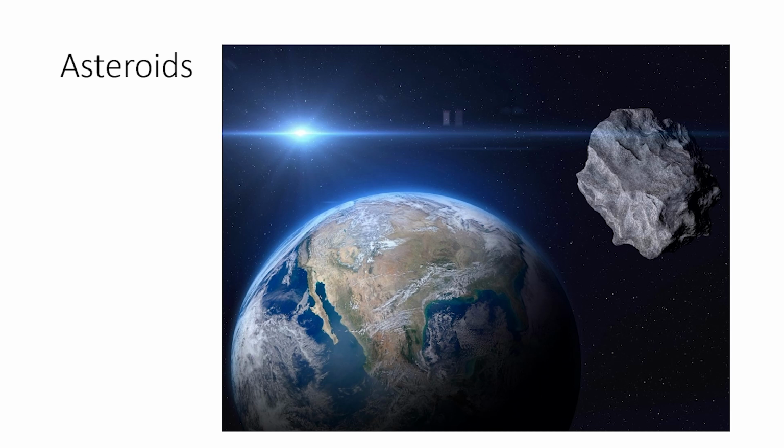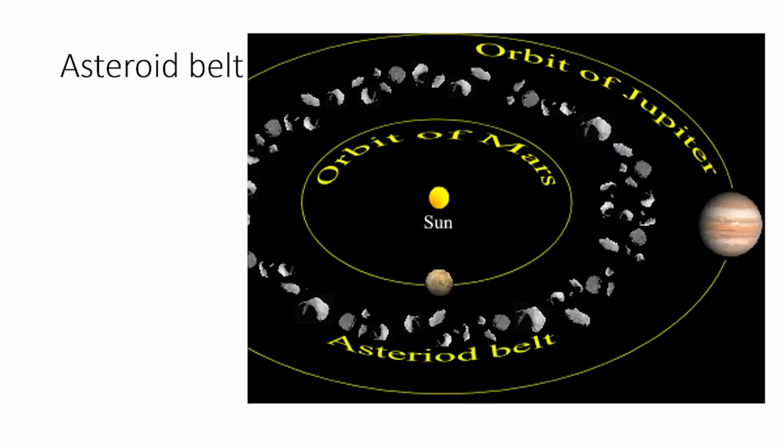So these broken pieces of rocks and planet-like bodies are also known as planetoids, right? So asteroids that pass close to the Earth are called near-Earth objects.